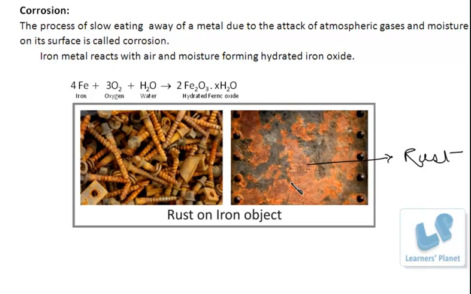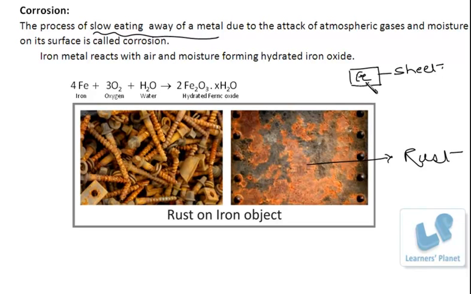Right? So that will lead to what? That will lead to a hole in this bridge. That iron is eaten up. Right? So this is the slow eating away of a metal. If it is a fresh block or fresh sheet of iron, on the surface of the sheet, iron atoms or iron particles will be there.